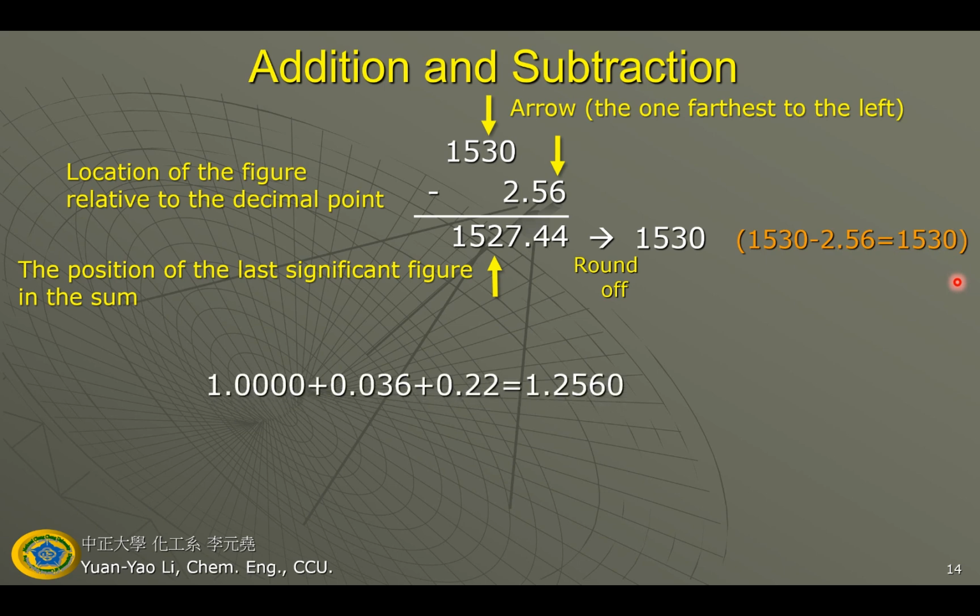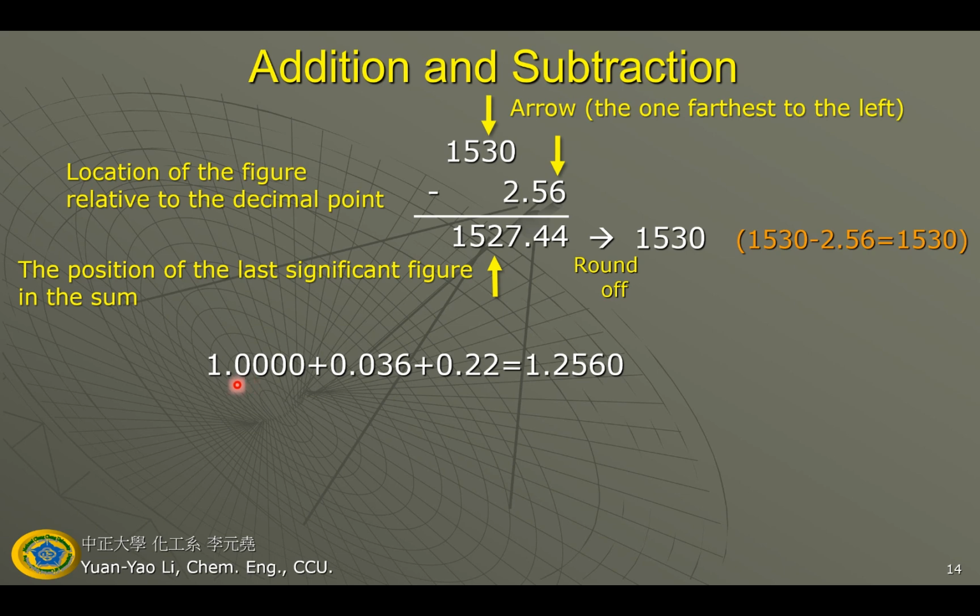Okay? So here I give you another example. 1.0000 plus 0.036 plus 0.22. Of course, if you do the pure mathematics, you get 1.2560. However, if you consider the significant figures and precision, you have to use the uncertainty, right? So this is the uncertain digit.